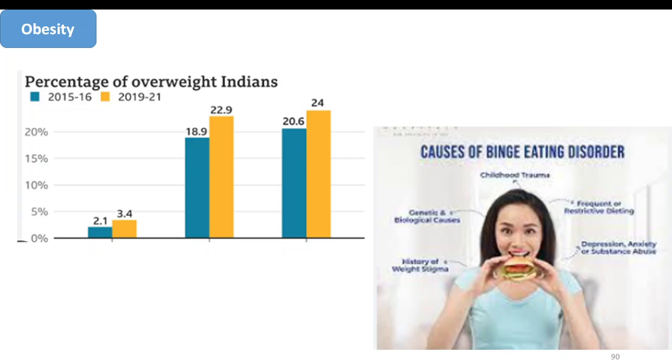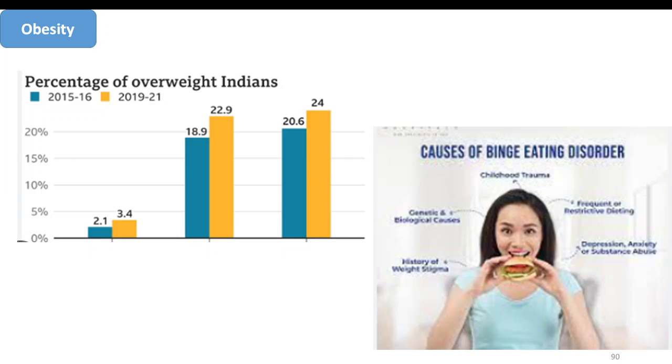Dieting is a new in-thing. We use many fancy terminologies, like intermittent fasting, or fluid diet, liquid diet, and all sorts of fancy terminologies have come in the name of dieting. And what do we do when we are dieting? We are starving, and when we are starving, we are developing cravings.